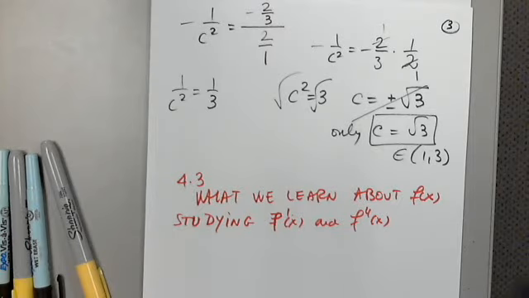I think that this should be the title of this section: what we learn about f of x, studying f prime and f double prime. What do they say about the function?